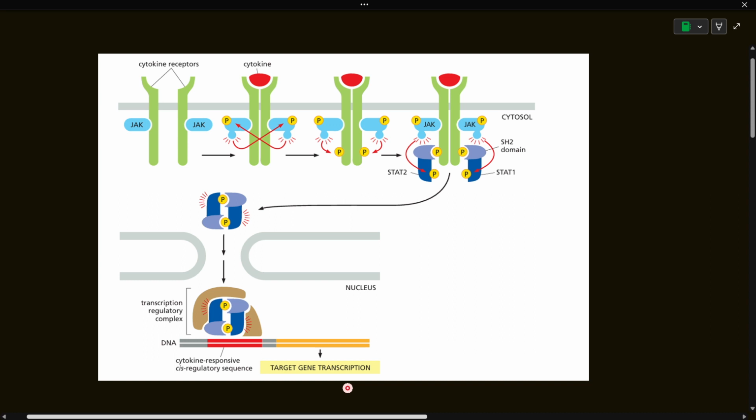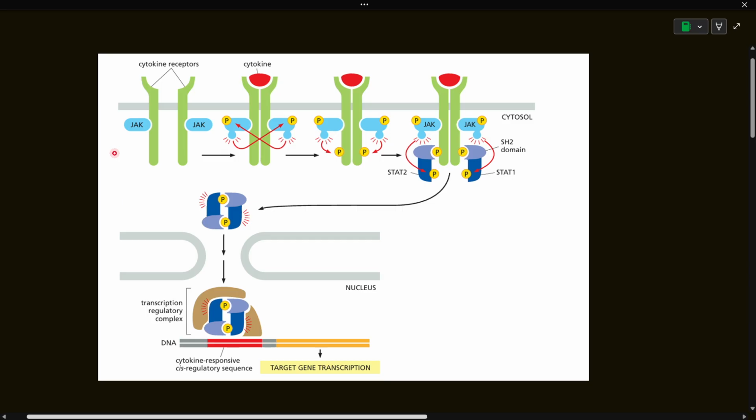We have learned about GPCRs, RTKs, and JAK-STAT signaling, which uses the cytoplasmic tyrosine kinase. That is why the signaling pathway is very similar to the receptor tyrosine kinases.